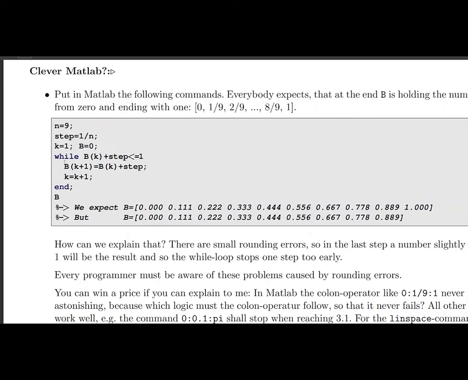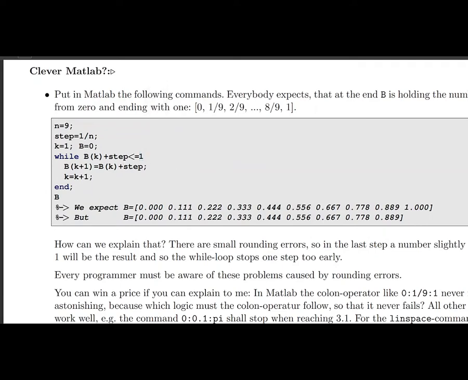And if you do that loop, that means go these steps as long as you are smaller or equal to 1. And it's obvious that if you go in steps of 1 divided by 9 times, you will get exactly 1. And due to that fact, everybody expects that the 1 will be in the end a number in this array. But doing this addition, there will be a rounding effect, and so instead of having a 1 after 9 steps, we will have a number very close to 1, but unfortunately a little larger than 1.